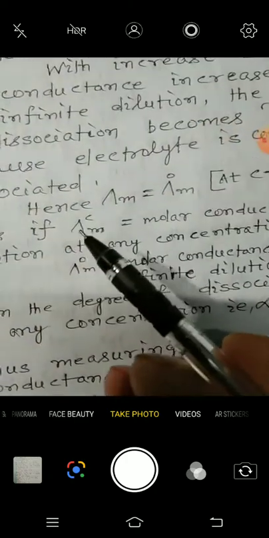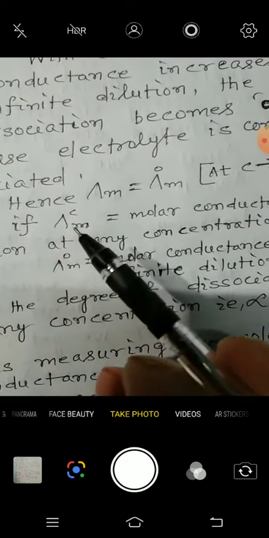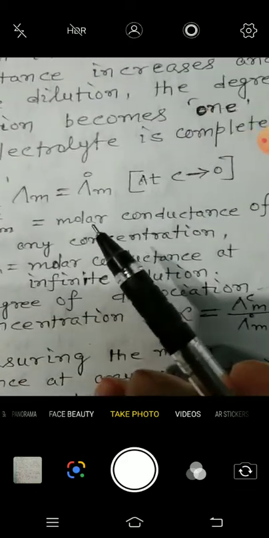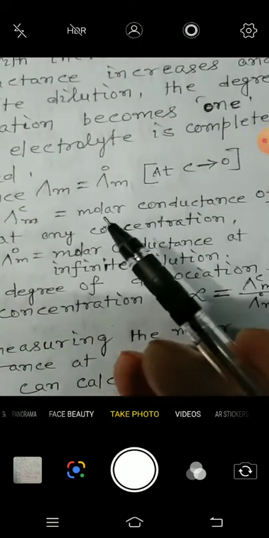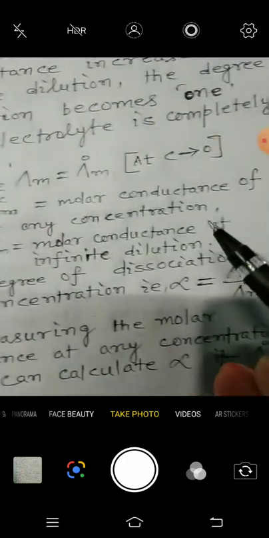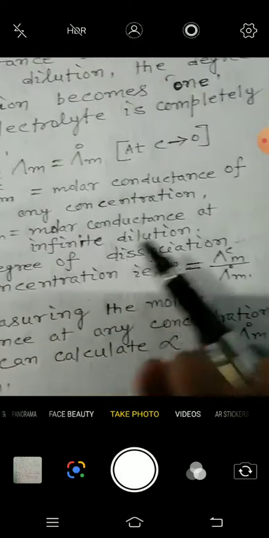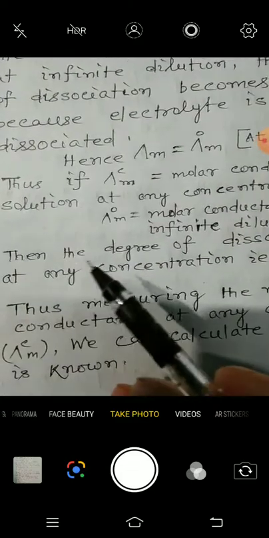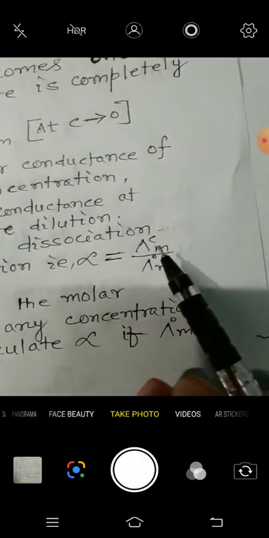Thus, if lambda Cm is the molar conductance of the solution at any concentration, and lambda naught m is the molar conductance at infinite dilution, then the degree of dissociation at any concentration, that is alpha, will be equal to this much.